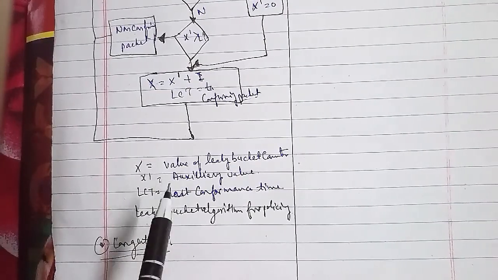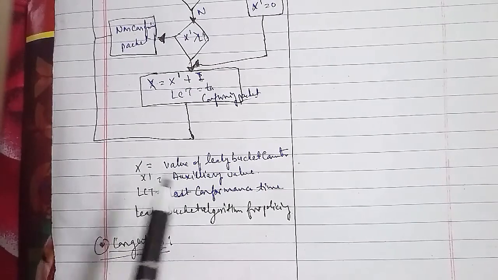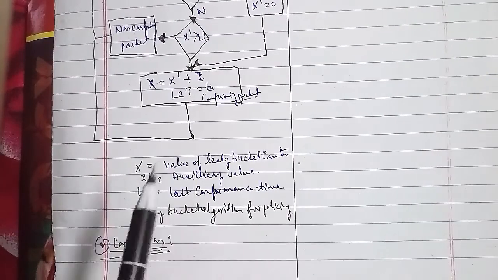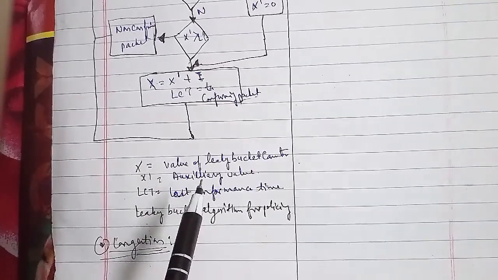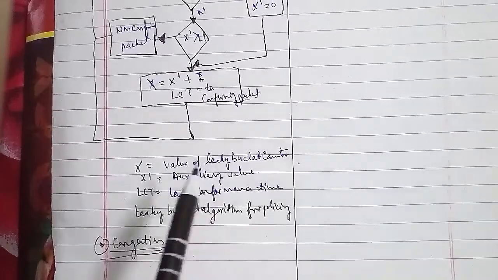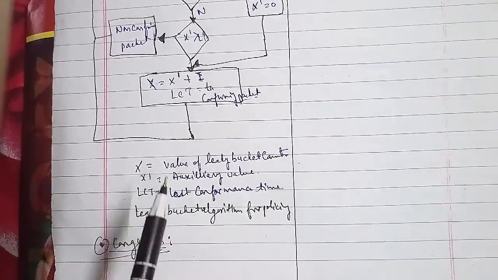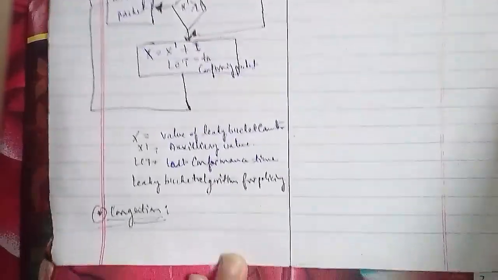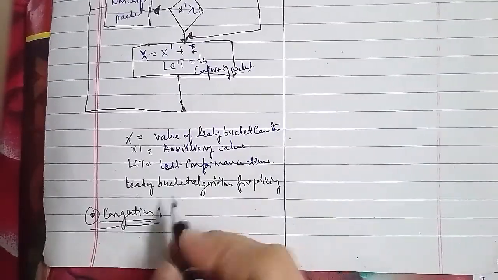So with this regard, we'll discuss one of the graphs here. This is packet sent, this is your packet delivered.